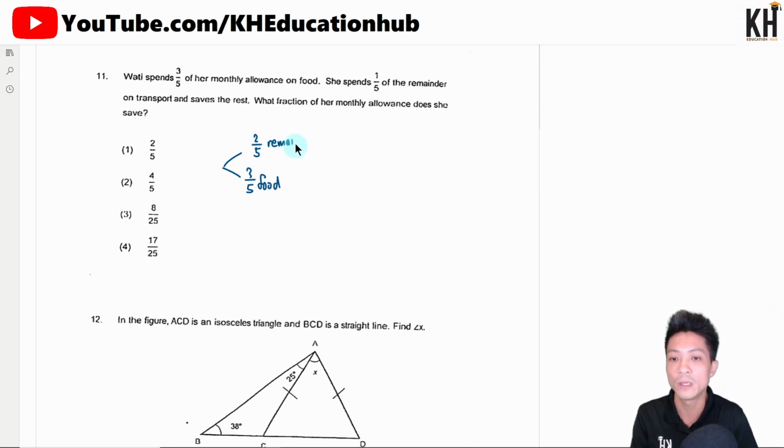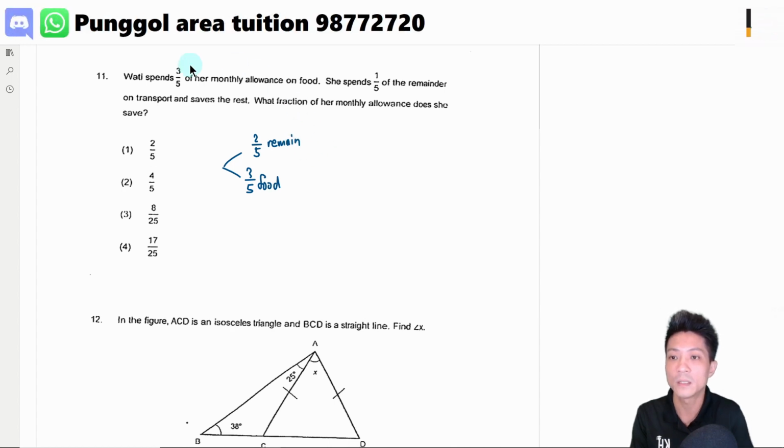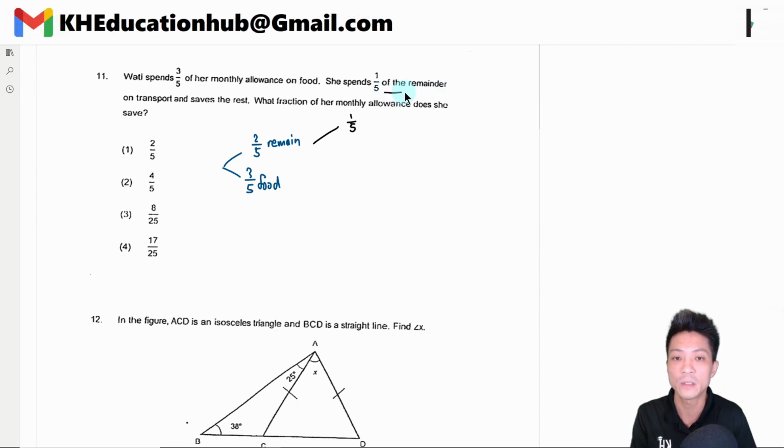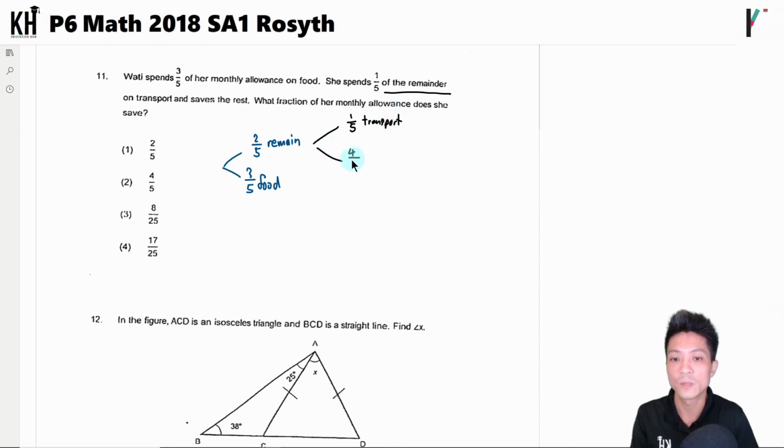And then from the remainder, she spends 1/5 of the remainder on transport. And then saves the rest, which is 4/5 saved, right? What fraction of a monthly allowance does she save?